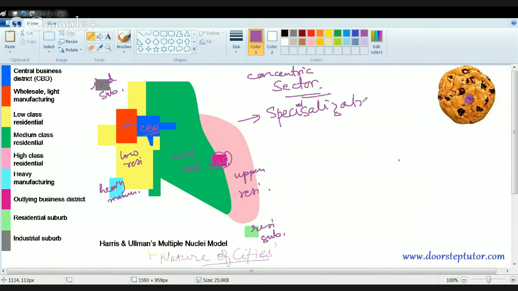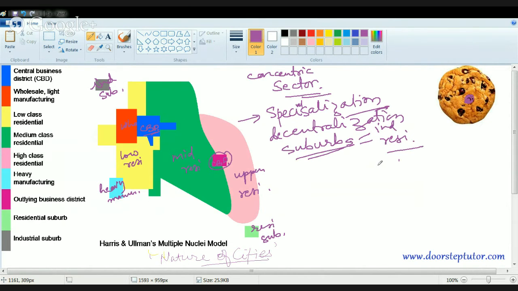Because there is specialization, there is also decentralization. So you have two central business districts, you have two industrial centers, and this is the first theory that focused mainly on suburbs. So you have industrial suburbs and residential suburbs.